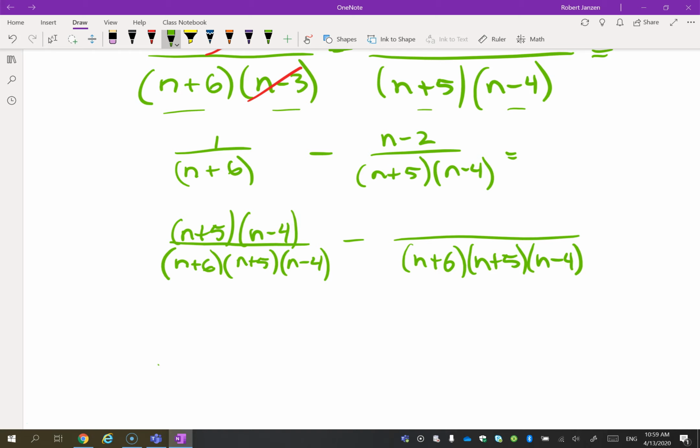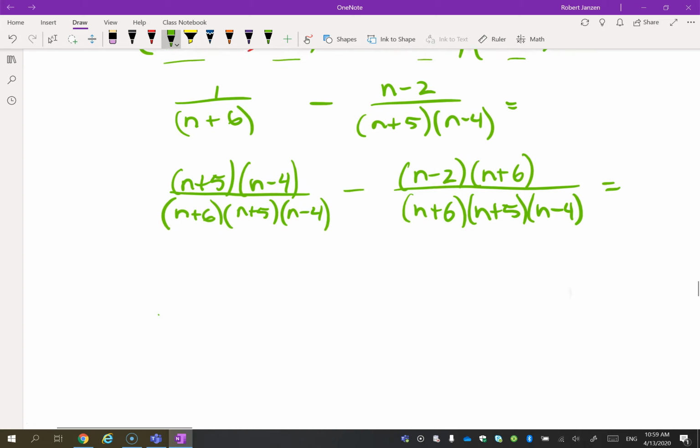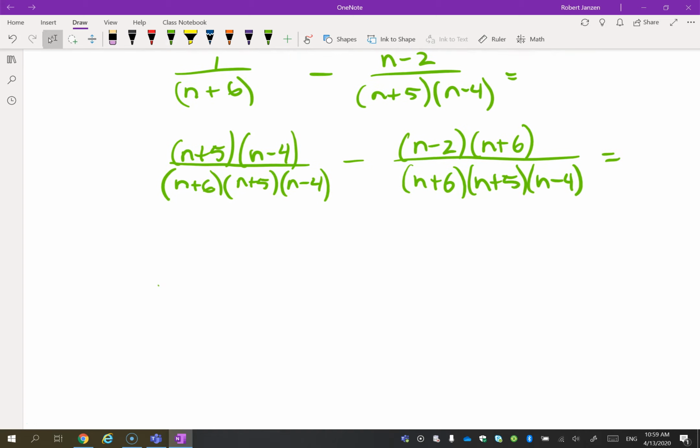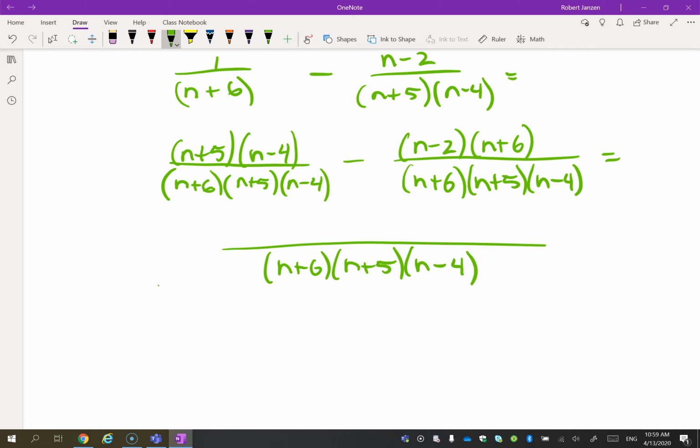And what have I done to the second fraction, the n minus 2? I have to multiply by n plus 6. Now if you look at the numerator, we're only going to get n squared as my highest power, which is much nicer. So my denominator will stay n plus 6, n plus 5, n minus 4.